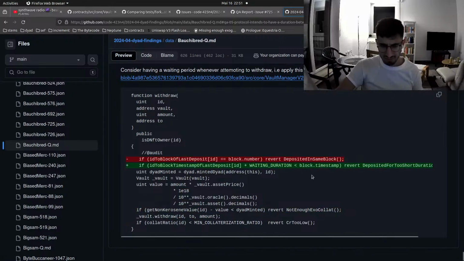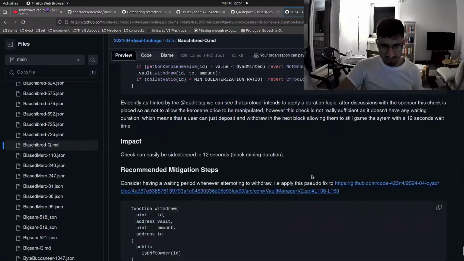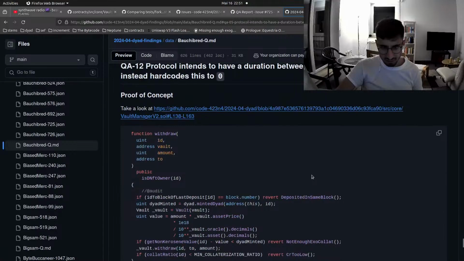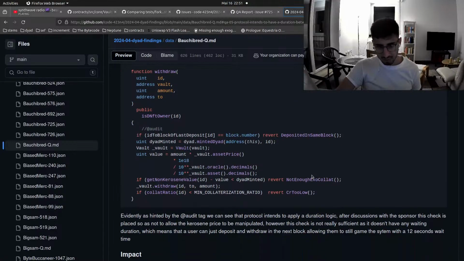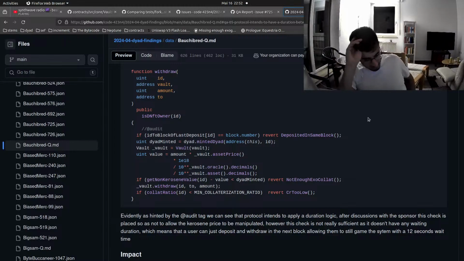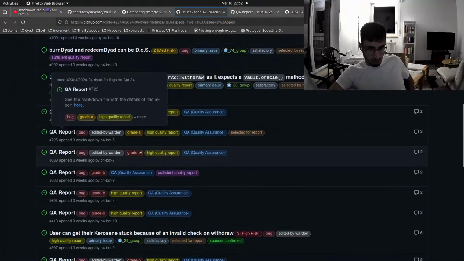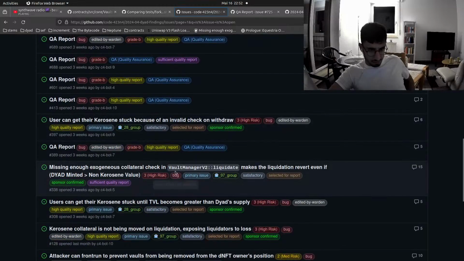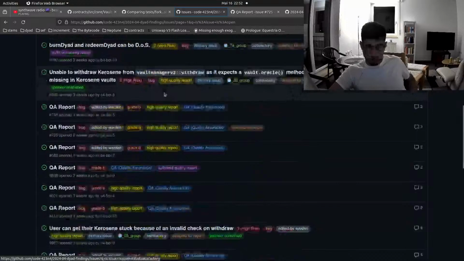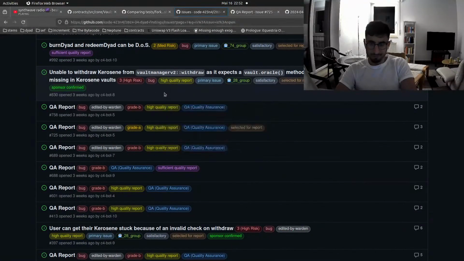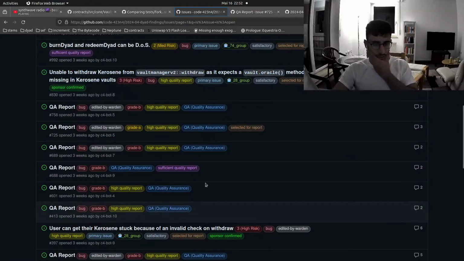What? This is for flash loan attacks. Yeah, so it's only needed for one block. Yeah, and these are the rest of the stuff that we already looked at.